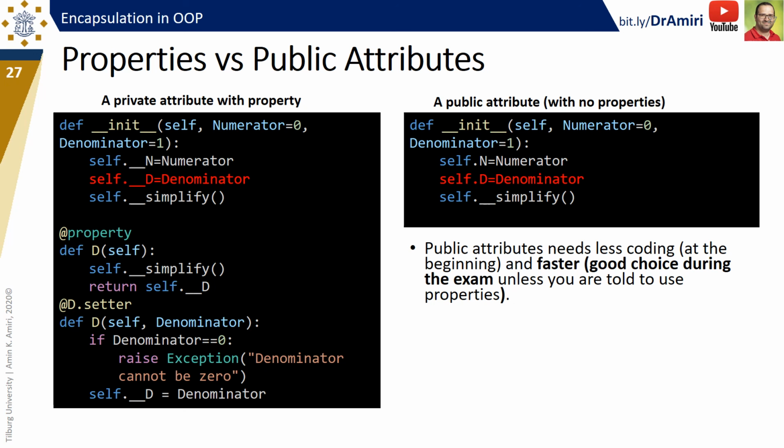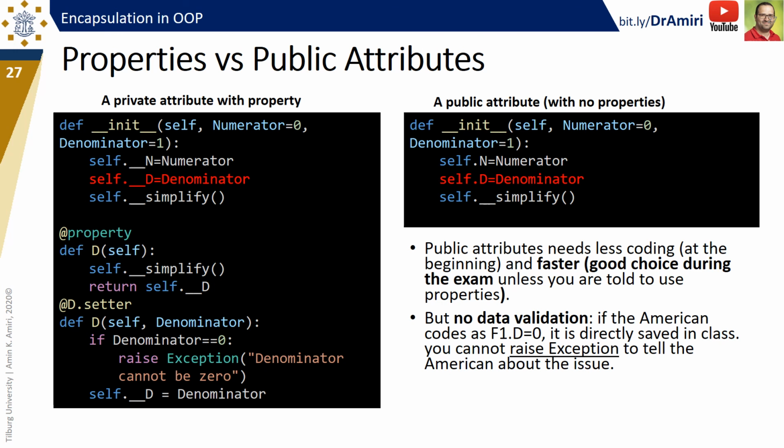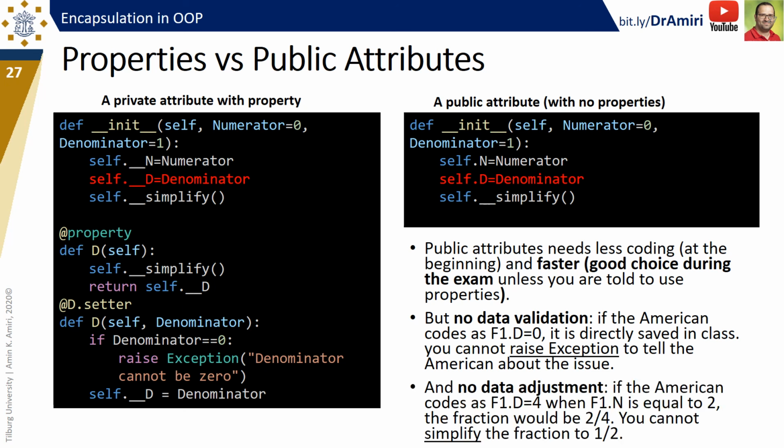It's a good choice during the exam, unless you are told to do data validation and data adjustment. The issue with public attributes is that there is no data validation. You cannot raise an exception if D is set to 0 by the front-end programmer. You cannot do data adjustment either. You cannot simplify when the American asks for D to be retrieved and printed to be shown to the user, for example.